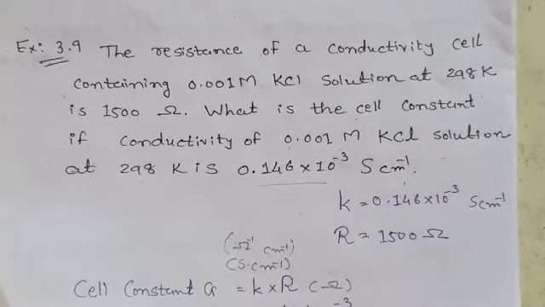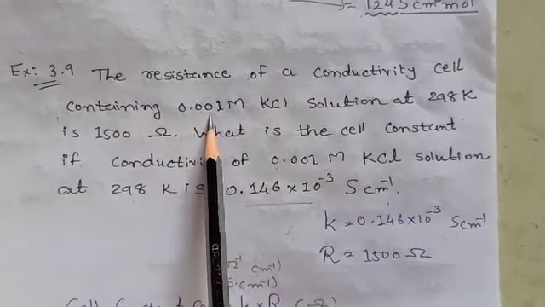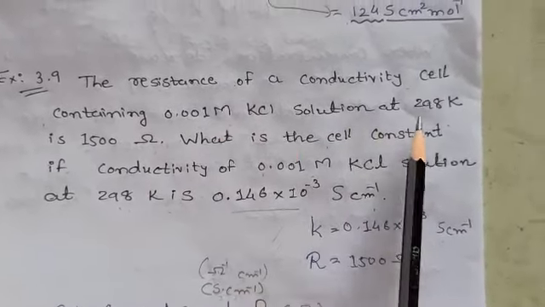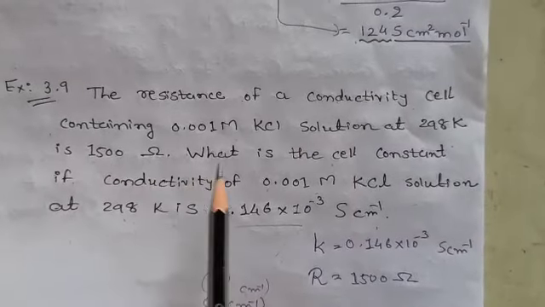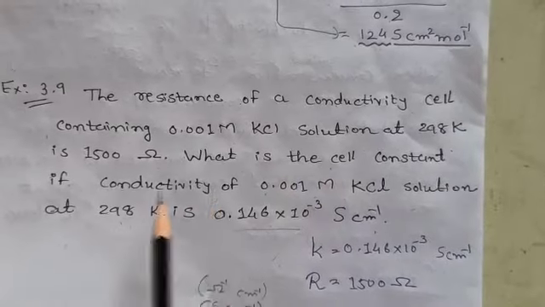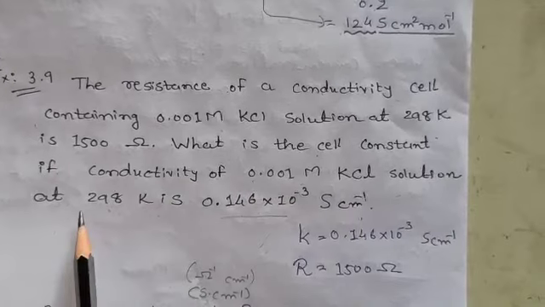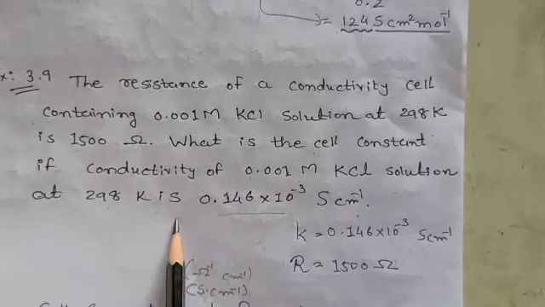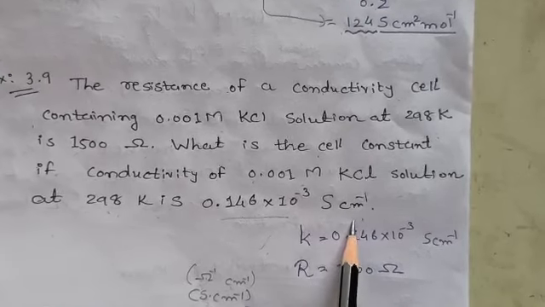Question number 3.9. The resistance of a conductivity cell containing 0.001 molar KCl solution at 298 Kelvin is 1500 ohm. What is the cell constant if the conductivity of 0.001 molar KCl solution at 298 Kelvin is 0.146 into 10 to the power minus 3 Siemens centimeter inverse?